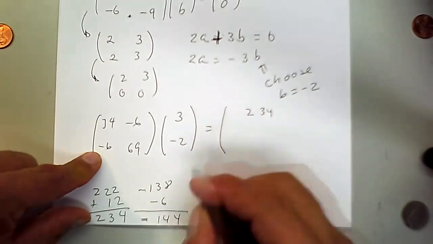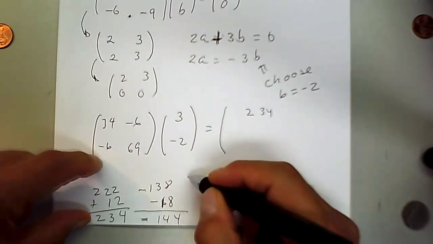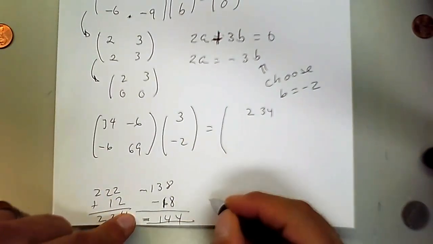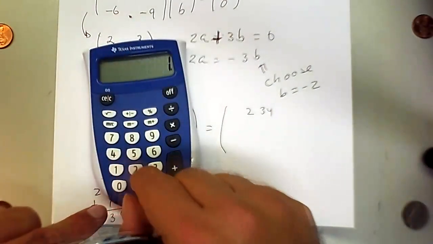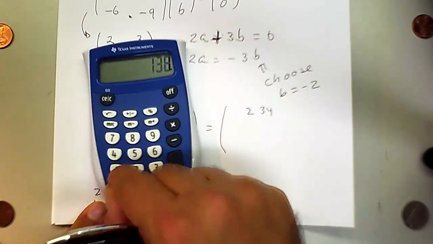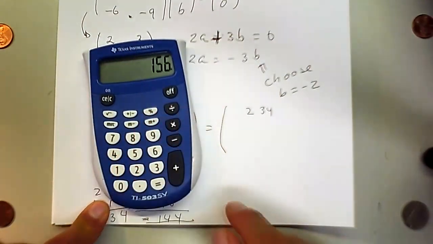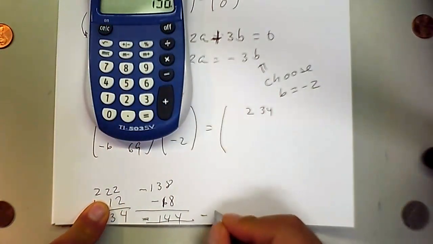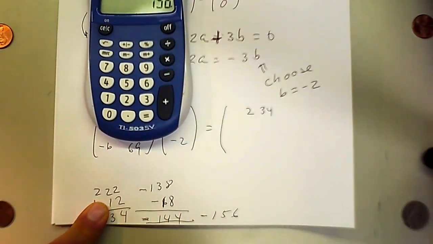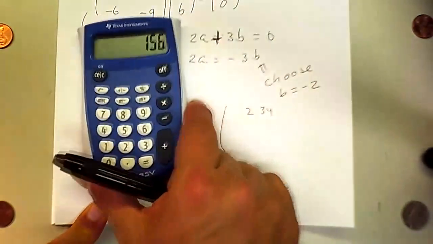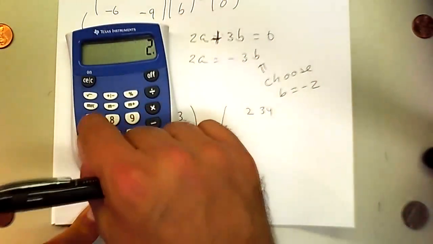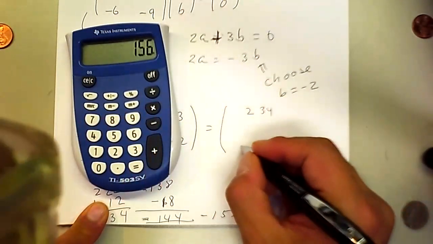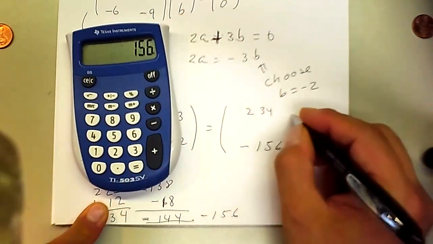That should be negative 18. There we go. Okay, so that was wrong. Why don't I just do it with the calculator? 138 plus 18 equals 156. That should be negative, negative 156. And that should be 2 times 78. Let's double check. 2 times 78 equals 156. Sure enough, 156.